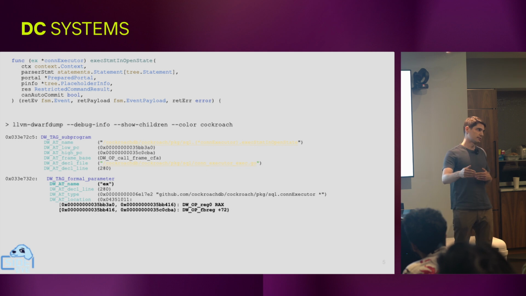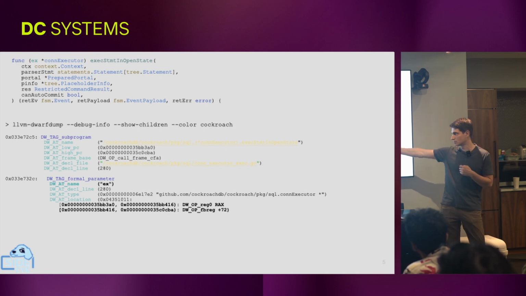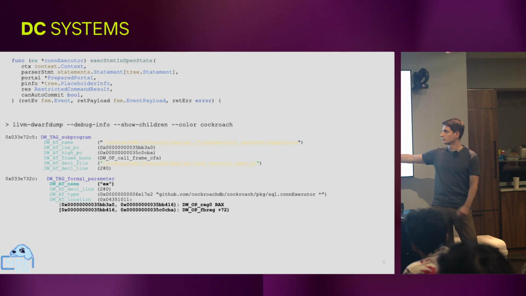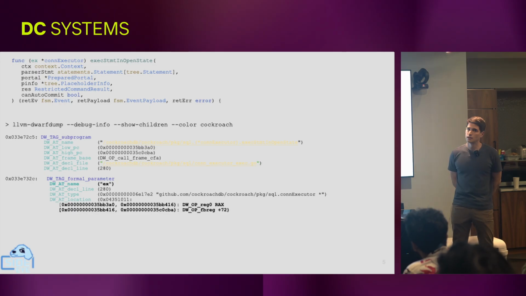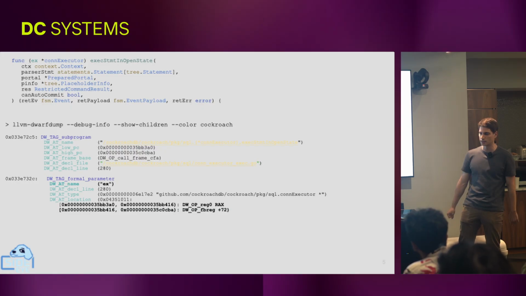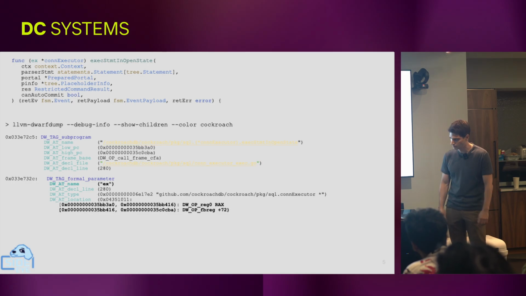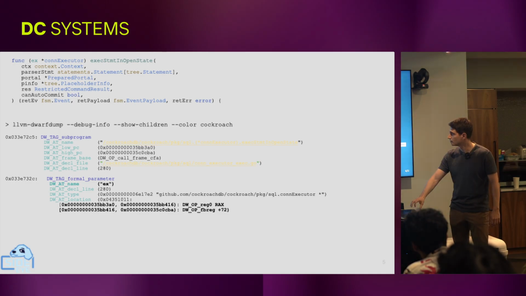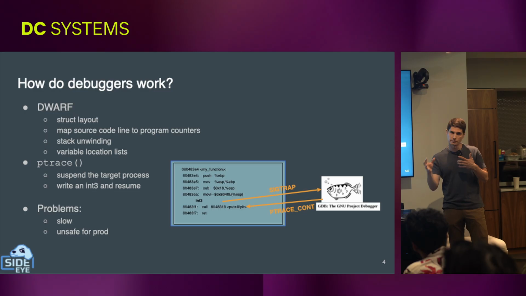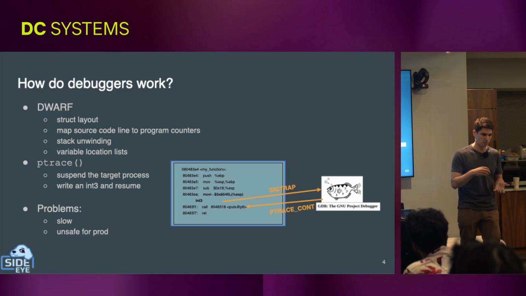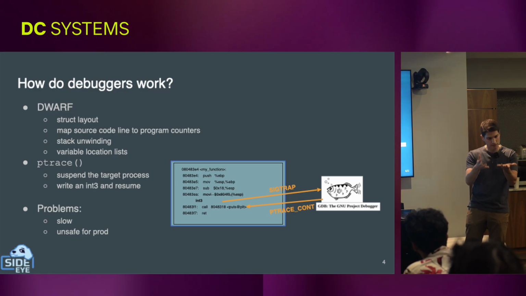And then after a few instructions, it looks like the variable is getting spilled to the stack, because the next location list for the next code location tells us that we can find the variable at offset 72 relative to the frame base, the base of the stack frame for the currently executing function. So this is the sort of information that gets used by a debugger to read variables from memory and make sense of them, right?